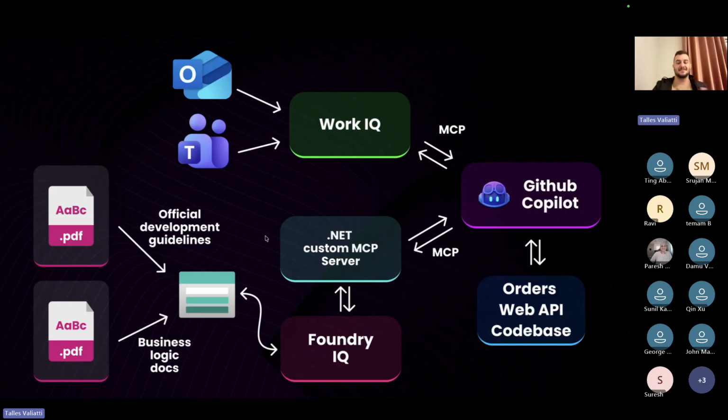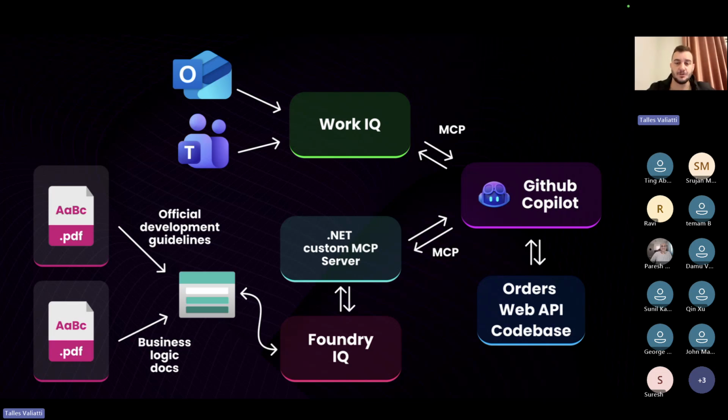Let's go to this slide. It's a little complicated, but let's break it down. We're going to have a web API, an order API where I can order things, computer parts. I can say, hey, I want to buy a laptop or a keyboard or a mouse. So I can do it in my application. In just a few minutes, we're going to use GitHub Copilot as a coding agent for that solution.